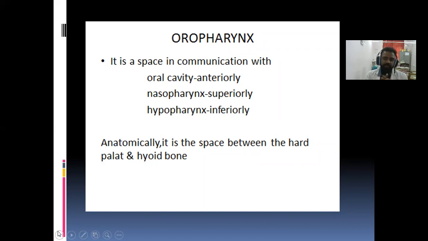It is the space between the hard palate and the extent to the hyoid bone. So this part we call the oropharynx. This is the location of the oropharynx.